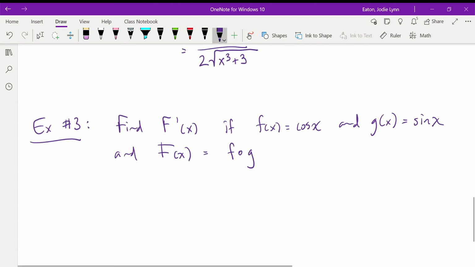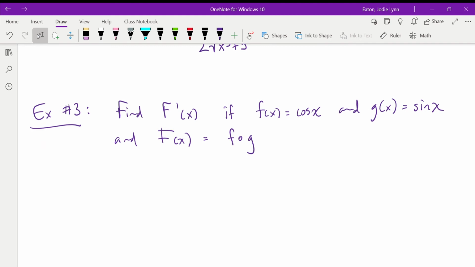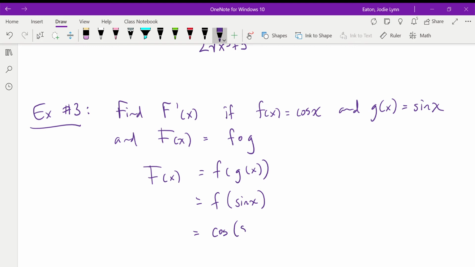So we're going to apply g first and then f of that. So big F of x is equal to f of g of x. Our g of x is sine x, so this is f of sine x, and our f is cos x, so this is cosine of sine x.